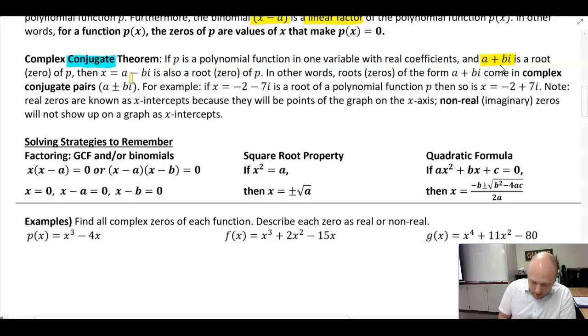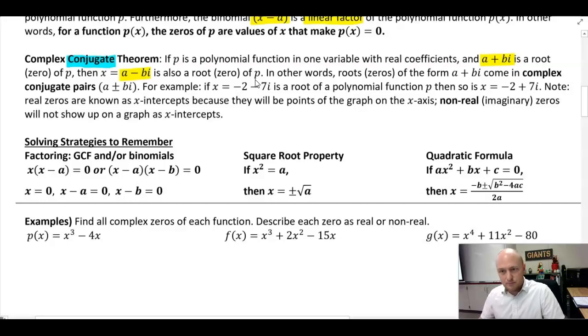I kind of like to call this BOGO, buy one get one free. They always come in pairs. The rule of 2 if you're a Star Wars fan. So a plus bi, if that's a root, then its conjugate a minus bi is also going to be a root of p.